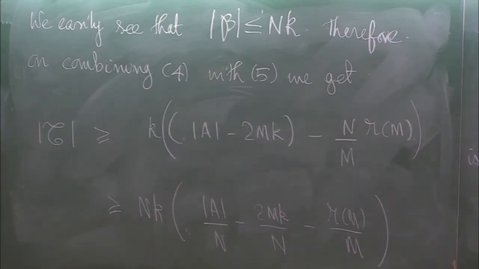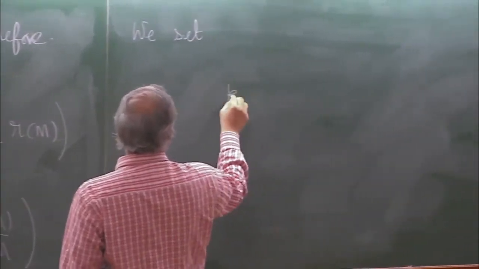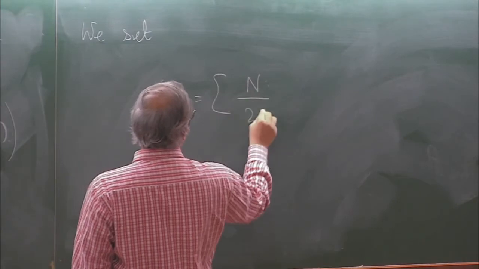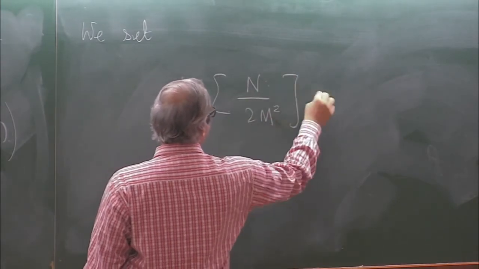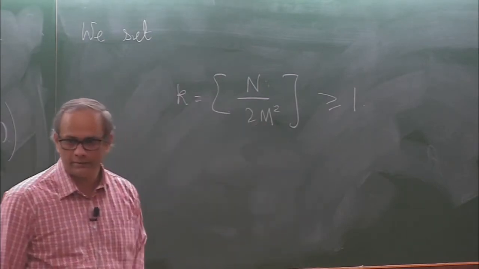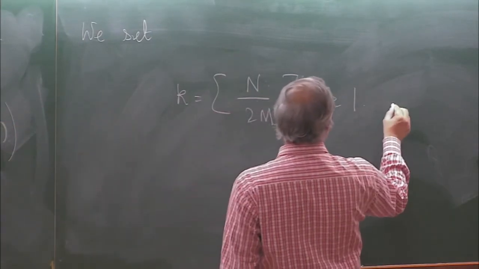So now I choose my k to be equal to the integral part of, so we set k equal to the integral part of n by 2m square, which we have seen from step 1 is greater than or equal to 1.